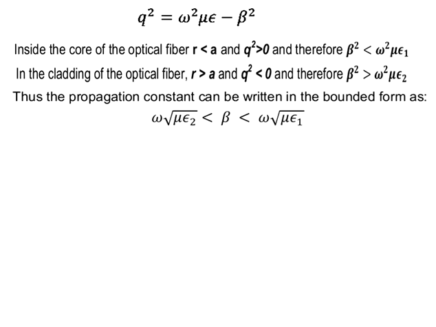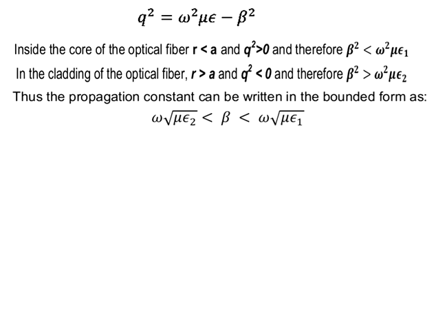If we take the square root, we can find the limits for beta, that is beta is greater than omega under root mu epsilon 2 and it is less than omega under root mu epsilon 1.